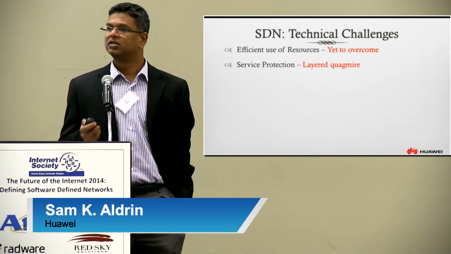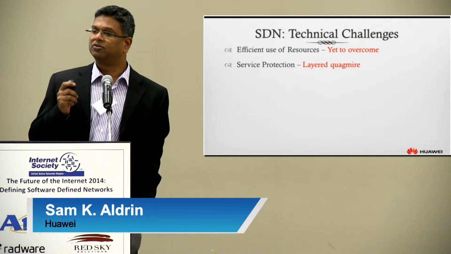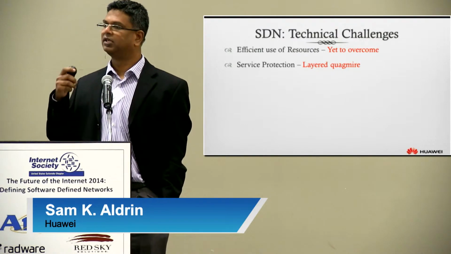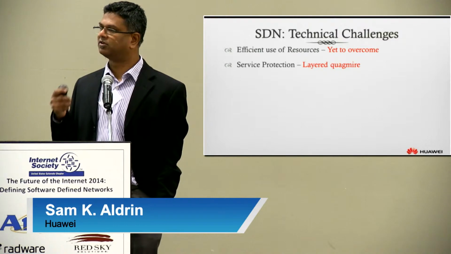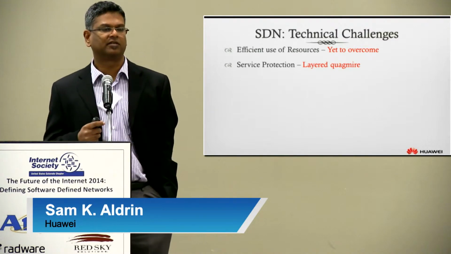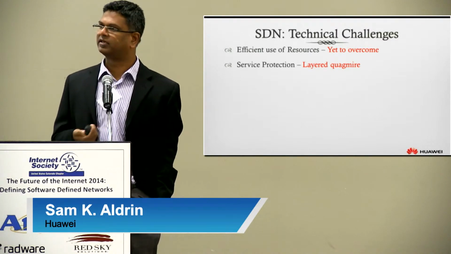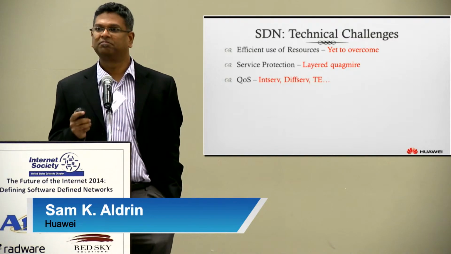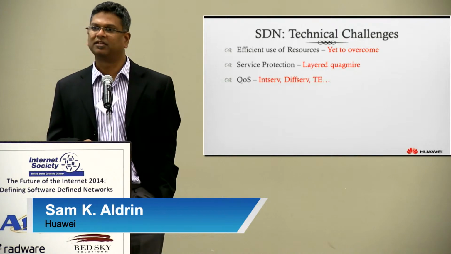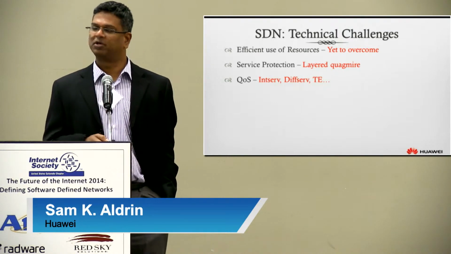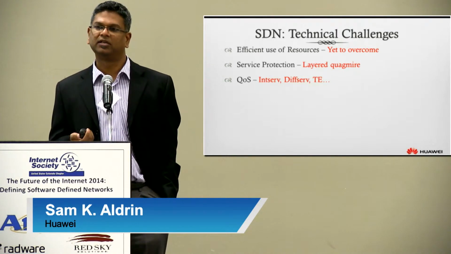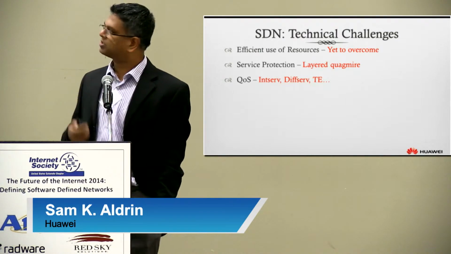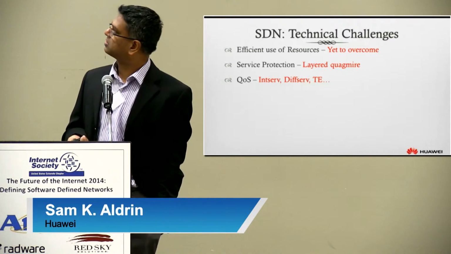With respect to service protection, you could say I'm providing the service, but in terms of providing protection and quality of service and all those things, you still have to go through different layers, and it is not unified yet. And with respect to costs, I know you all know better than me, it is a big challenge. If you talk about virtual networks, how are you going to provide quality of service all the way down to the transport layer? So you still have to deal with multiple technologies.